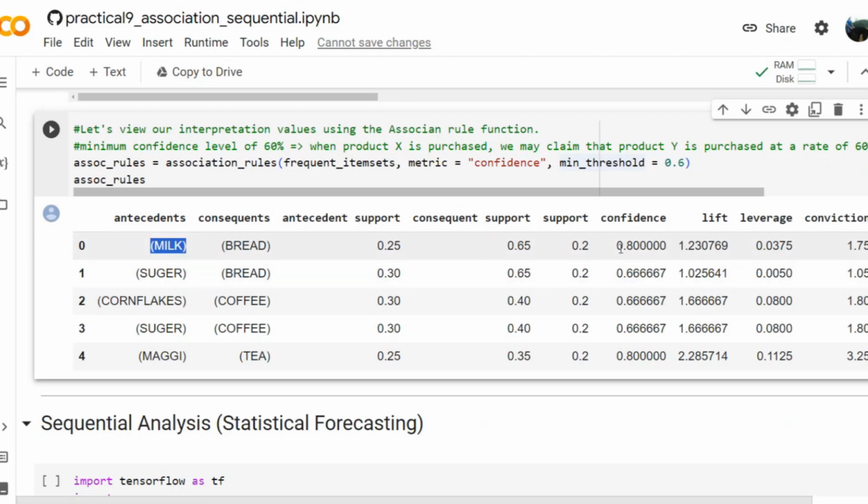And what is the confidence? 0.8, 80 percent. We are 80 percent confident that if the user takes milk, there's a high chance of taking bread as well. And the same for the rest. Sugar leads to bread, cornflakes leads to coffee, and so on. And you have the confidence here. Notice all the confidence values for all rules fulfill the minimum threshold, where the confidence is equal or greater than 0.6.